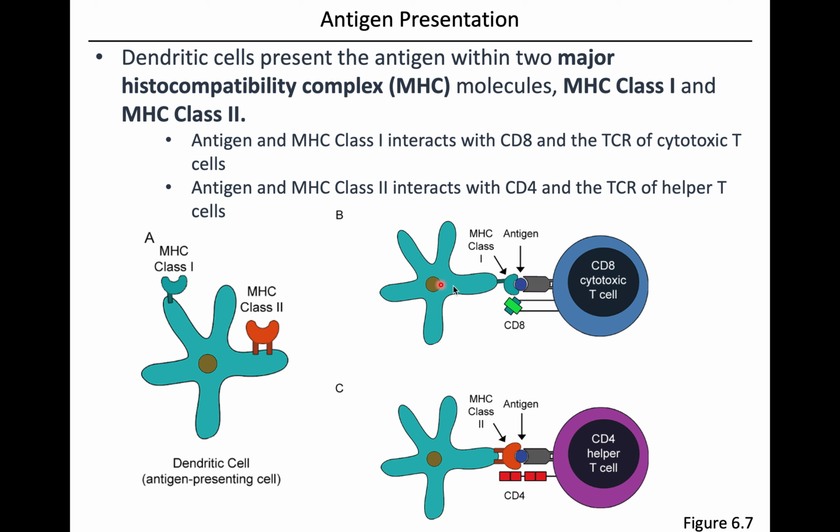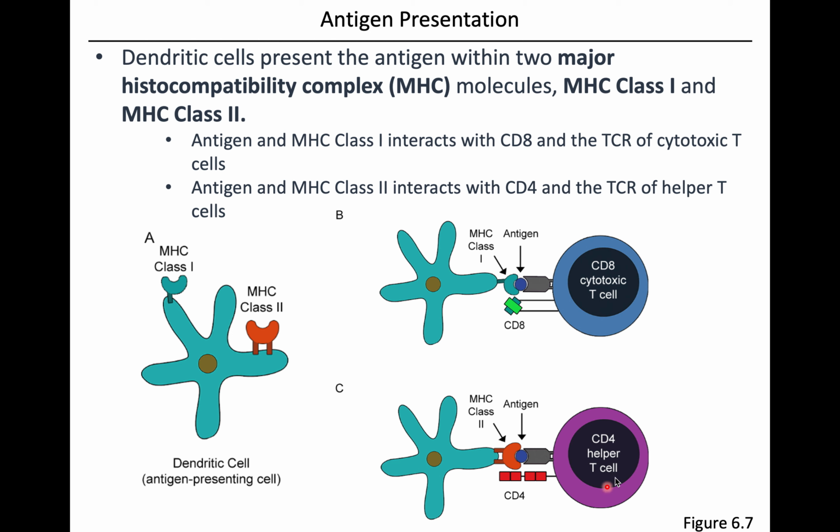Class 1 is recognized by CD8, so dendritic cells presenting antigen using class 1 MHC will activate the CD8 cytotoxic T cells, whereas dendritic cells presenting antigen with MHC class 2 will activate CD4 helper T cells.